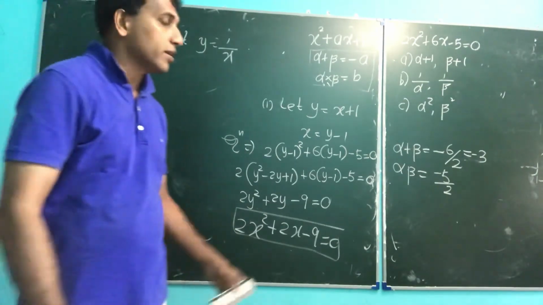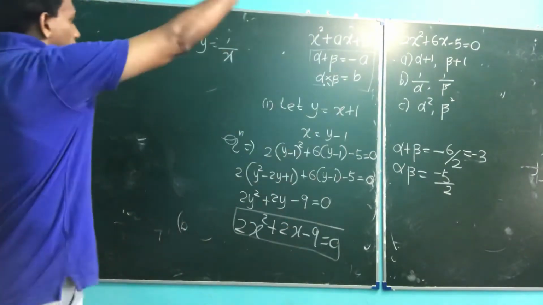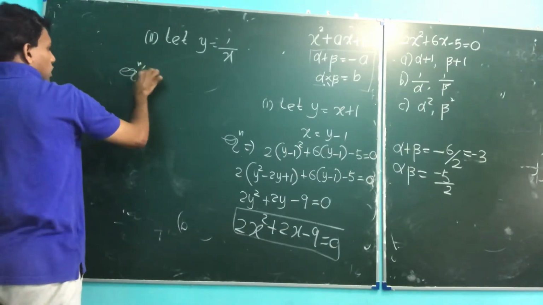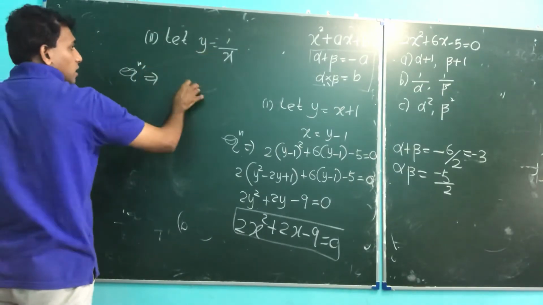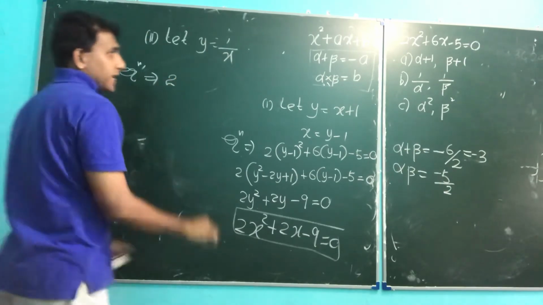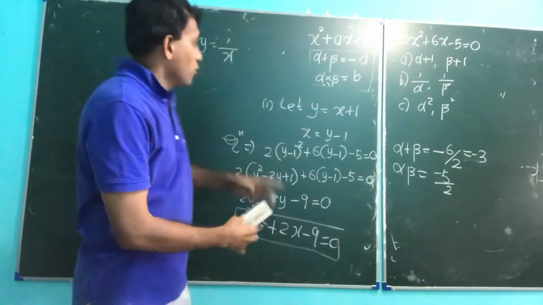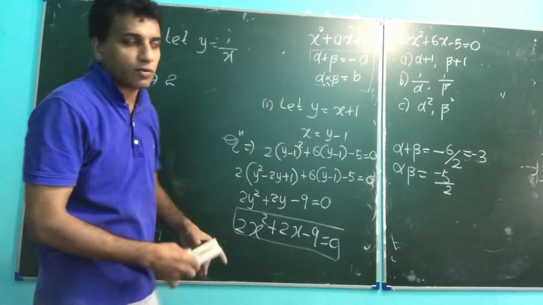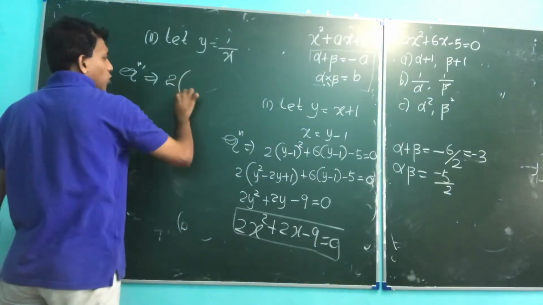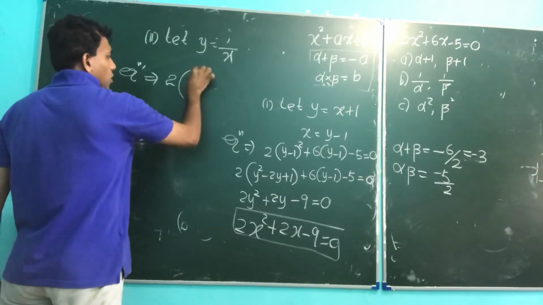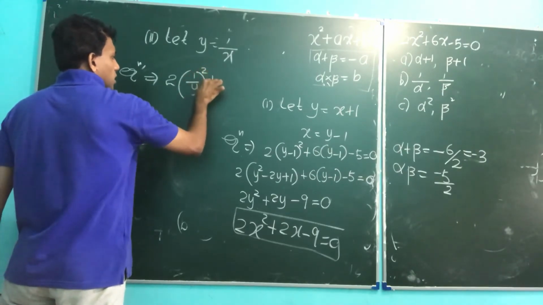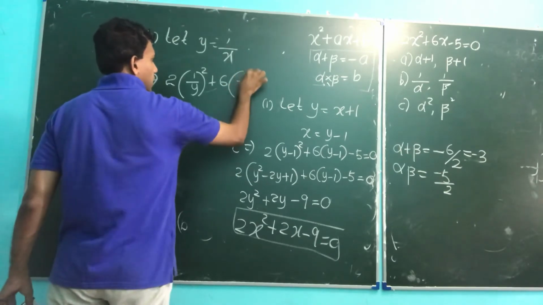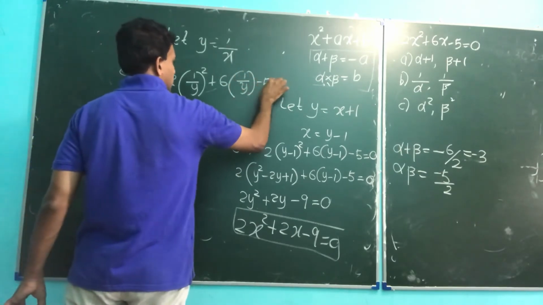Okay. Then write the equation. Therefore, the equation is... What is x? If y is 1 over x, what is x? X is 1 over y, right? 2 into 1 over y, all things square, plus 6 into 1 over y, minus 5 is 0, right?